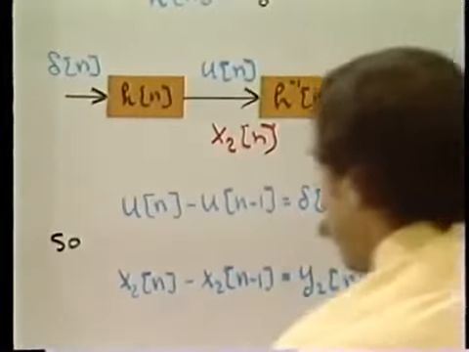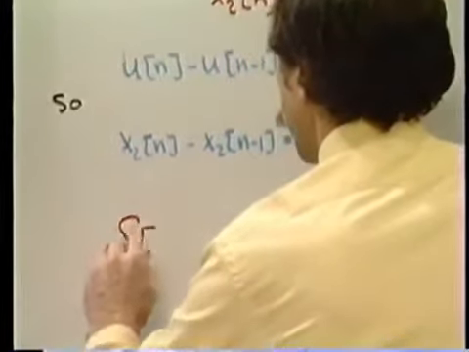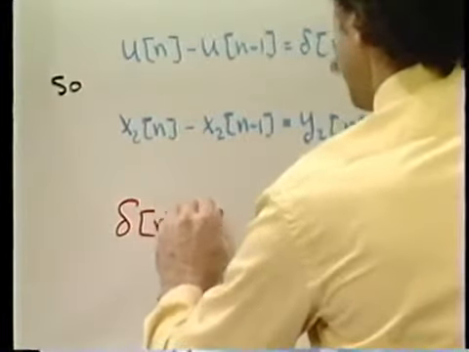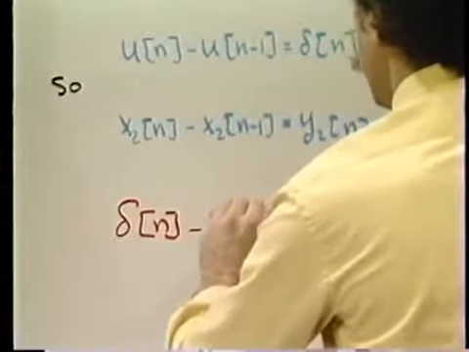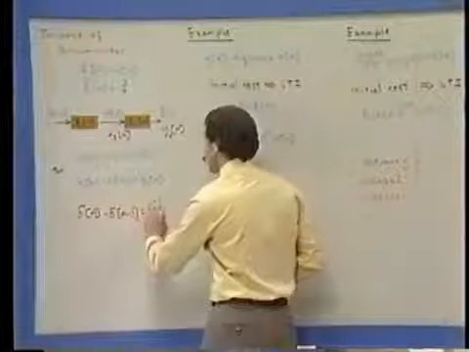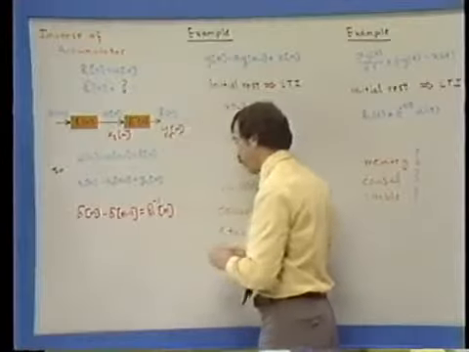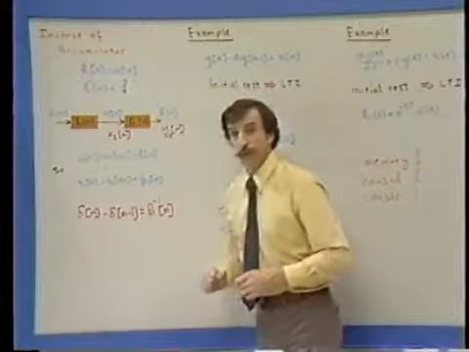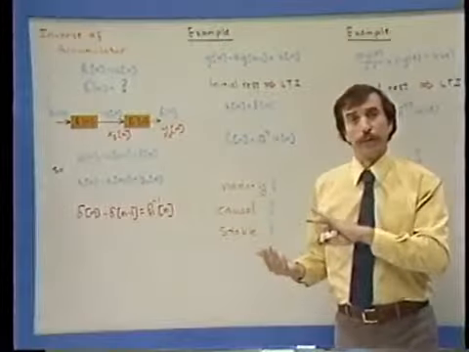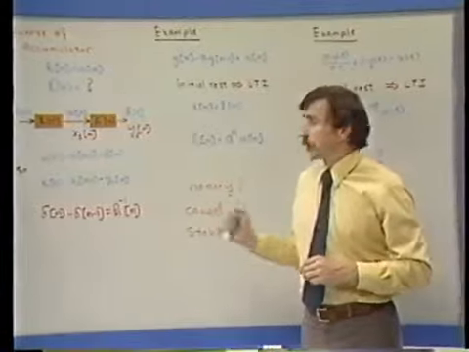And what develops in a straightforward way then is delta of n, which is our impulse input, minus delta of n minus 1 is equal to the impulse response of the inverse system. So I'll write that as h inverse of n. Now, we have then that the accumulator has an inverse, and this is the inverse.